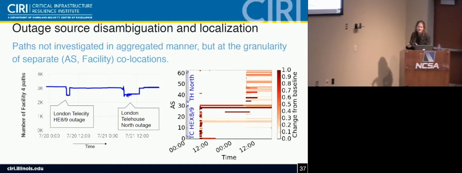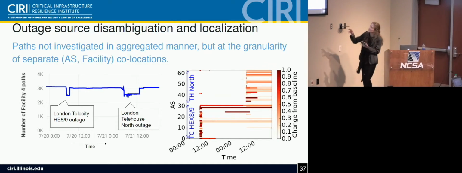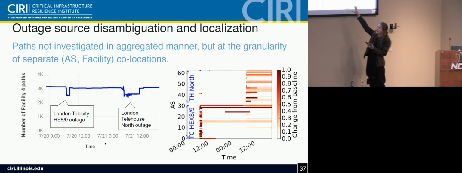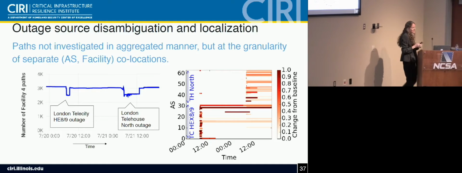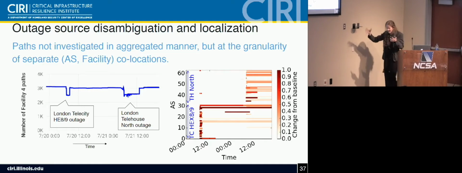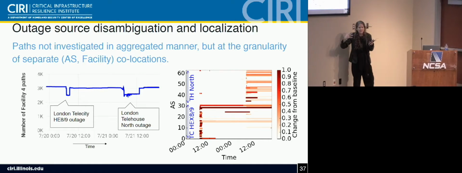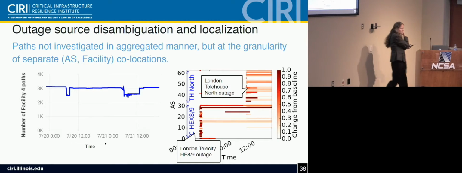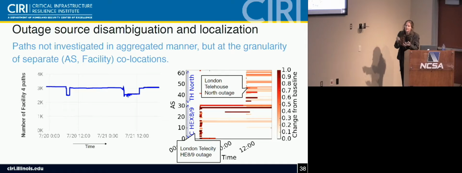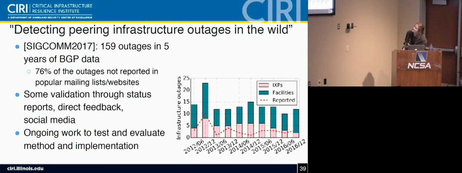Doing this sort of thing lets you identify not only what facility seems to have had an outage, but how many networks were affected at that facility. Again, if you have this BGP data source running continuously, and if you have sufficient vantage points from which you can do targeted active measurements in a strategic way.